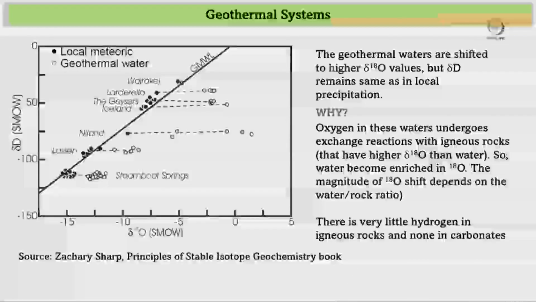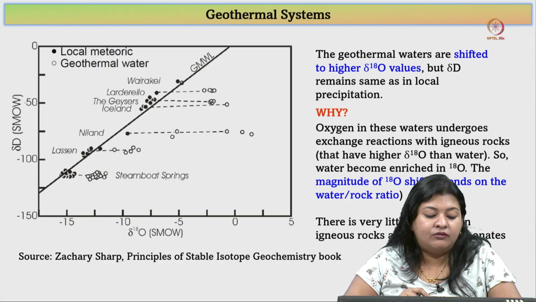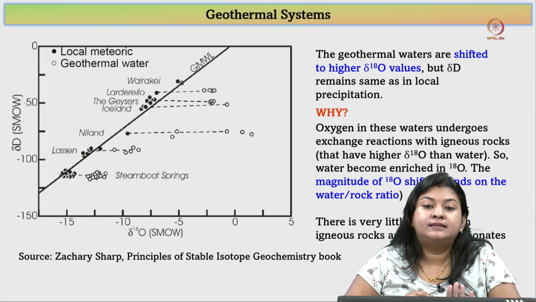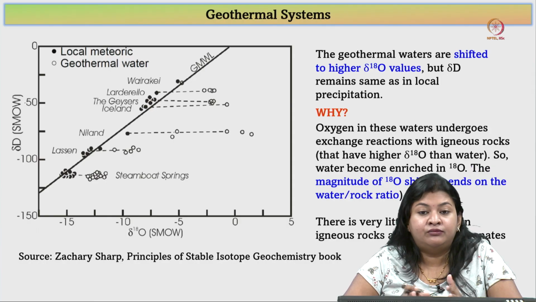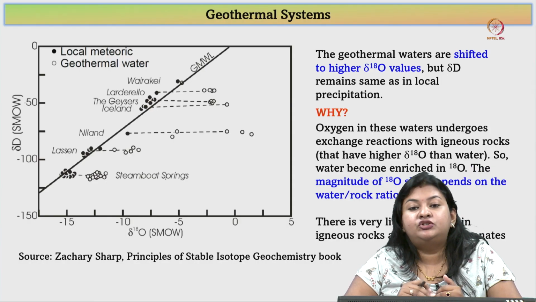And here you see a plot of delta 18O versus delta D, and there is a difference observed between the local meteoric water, that is the local rainfall, and the geothermal water.